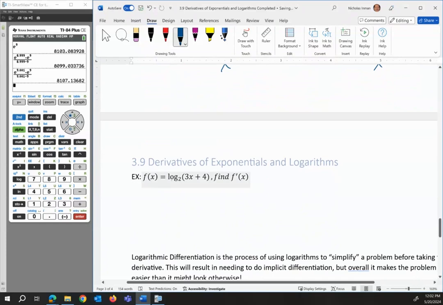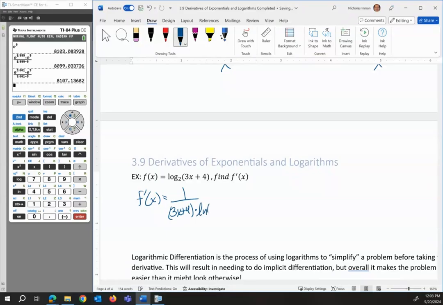All right, let's do this log base 2 of 3x plus 4. Now, these are being added in the middle, so I can't split up this log into two smaller ones. I just have to do the derivative as I know it. So the derivative of a log base 2 is 1 over the inside times the natural log of 2.